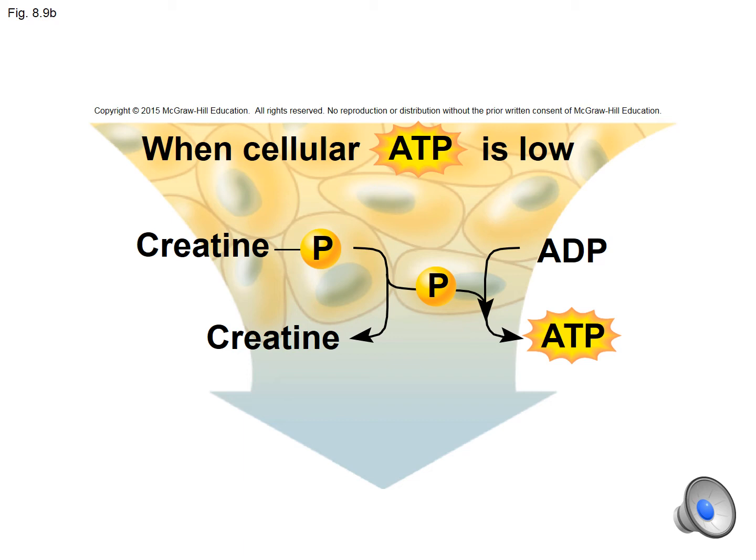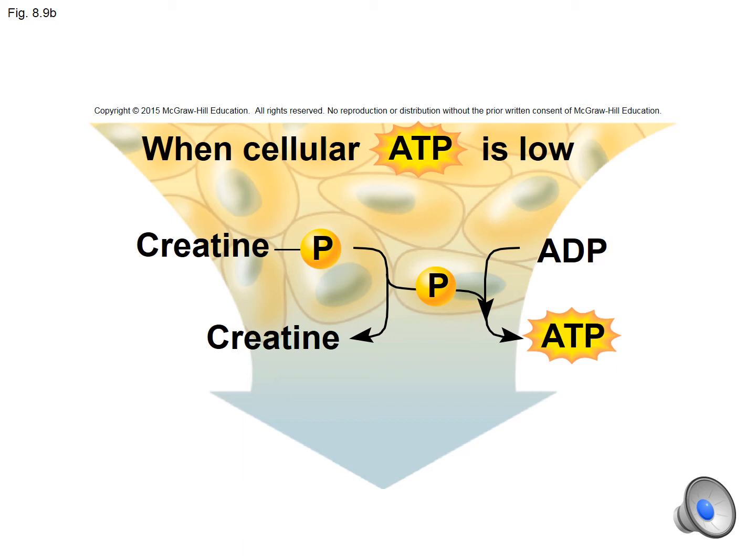So if you're exercising for long periods of time, your muscles continue to need ATP, and if the cellular respiration isn't able to keep up with the demand, then creatine phosphate stores will help to replenish the ATP.